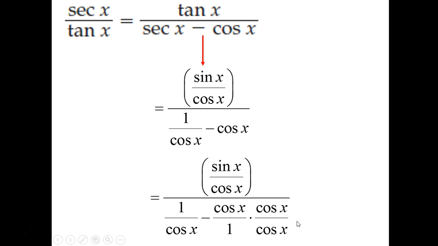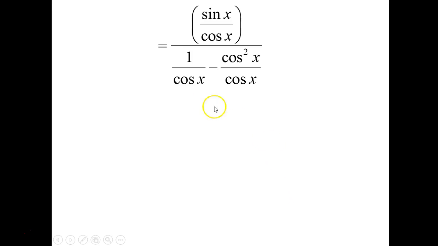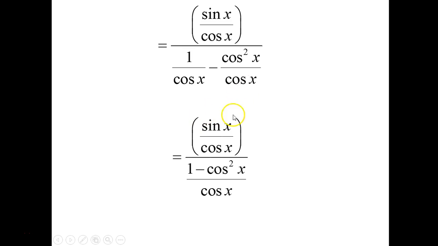That gives me the common denominator of cosine so that I can combine those two fractions. So 1 over cosine minus cosine squared over cosine. Leaving this top expression for tangent, sine over cosine, alone, I get 1 minus cosine squared over cosine.